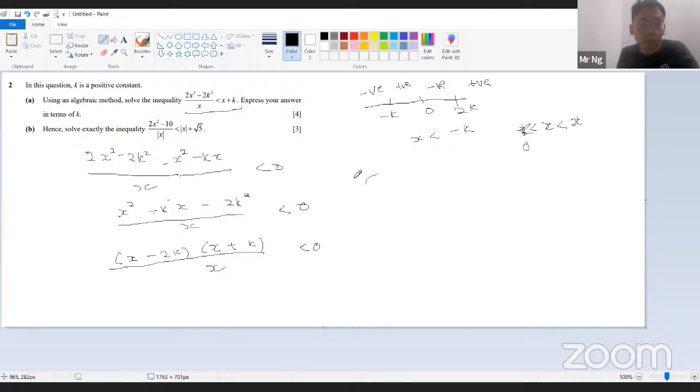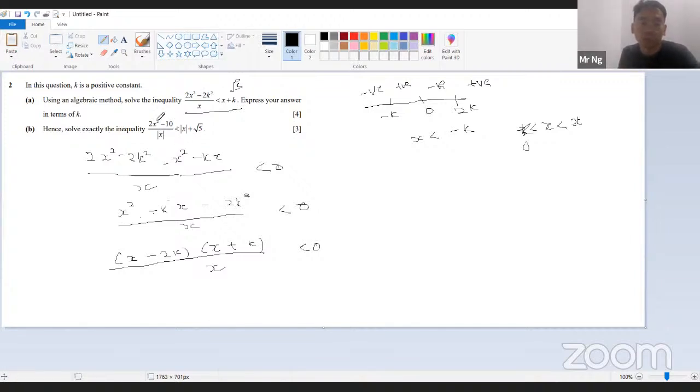Then after that, based on this, we will guess that k is equal to square root 5. So if like that, then we put a square root 5 here, and square root 5 squared becomes 5, 5 times 2 becomes 10. So k really is equal to square root 5. Then what changes here is the x will change to mod x, the x will change to mod x as well.